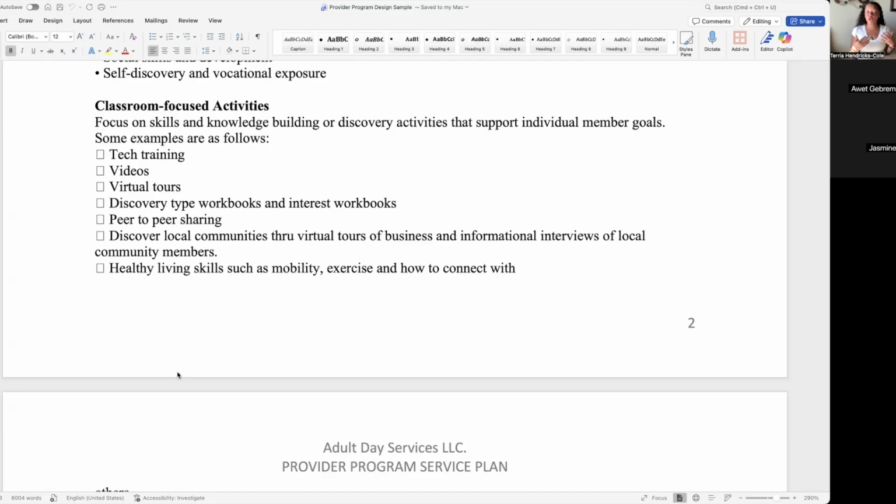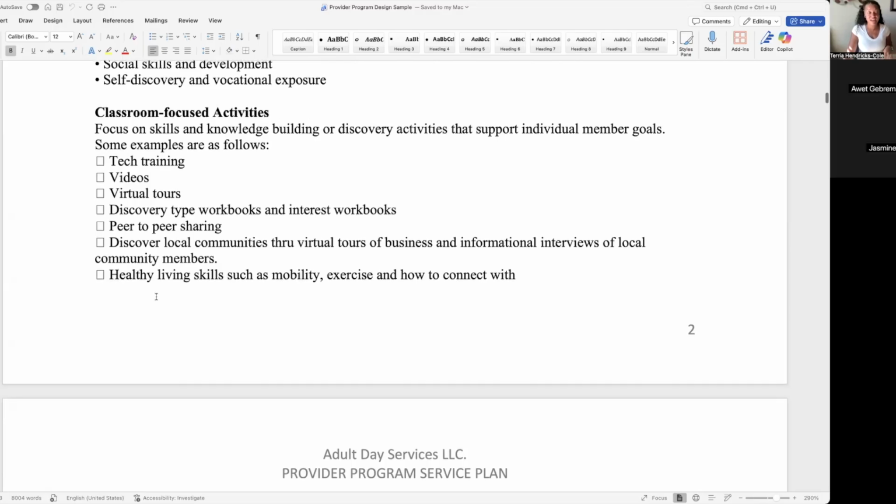But again, this is a great selling point. This is ideally what the clients are looking for. They're looking for either vocational training or continuing education, learning how to continue to read and spell so it can enhance their skill set. So this is another service that's definitely needed.